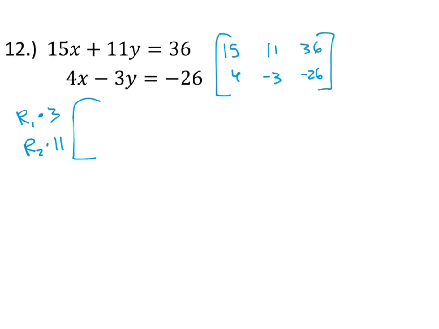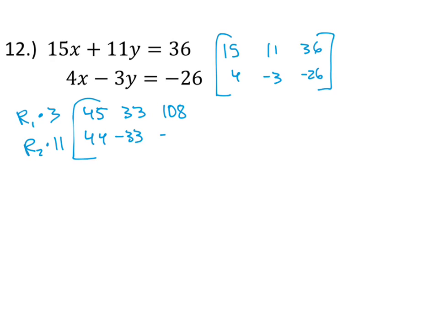So 15 times 3 is 45, 33, and 36 times 3 is 108. Then my second row, times 11, you get 44, negative 33, and then negative 26. Sorry, that is not negative 26. I didn't times it.